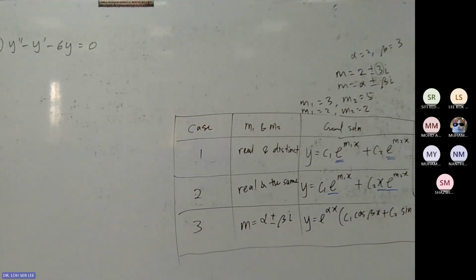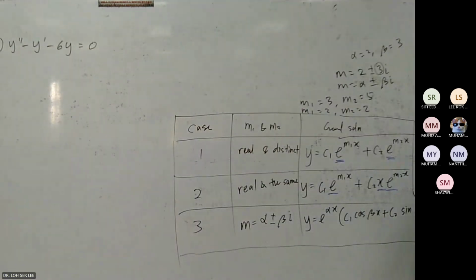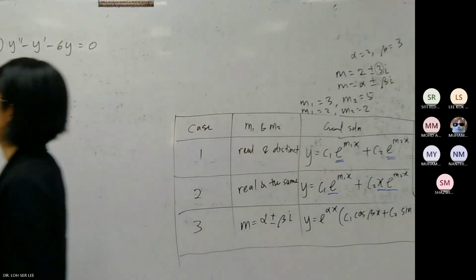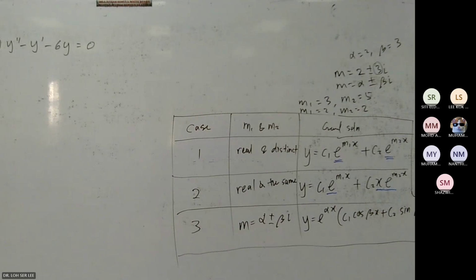What is the characteristic equation for this A?